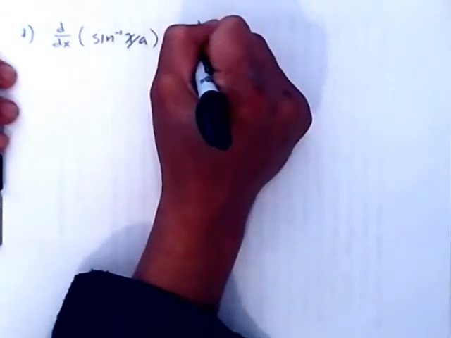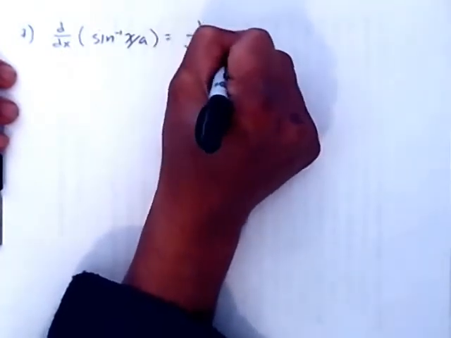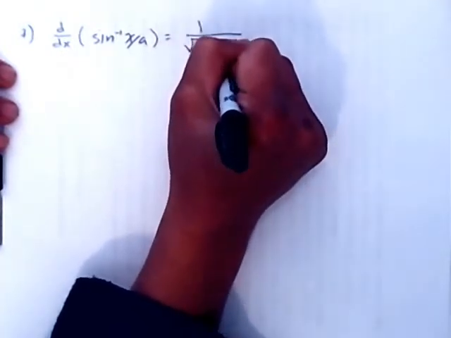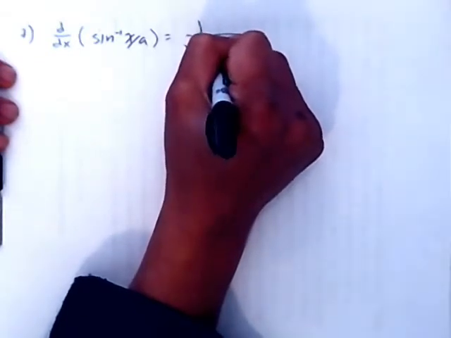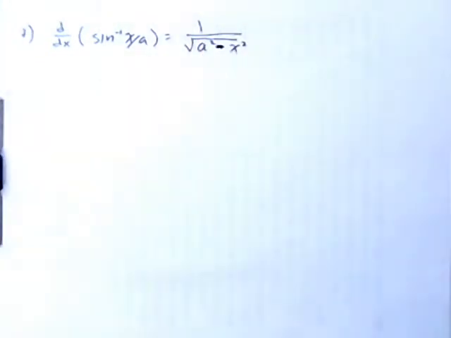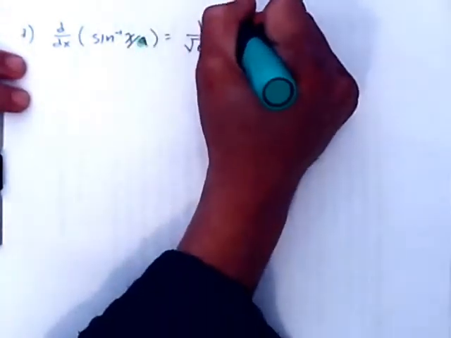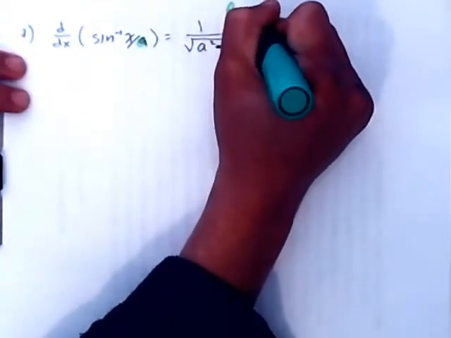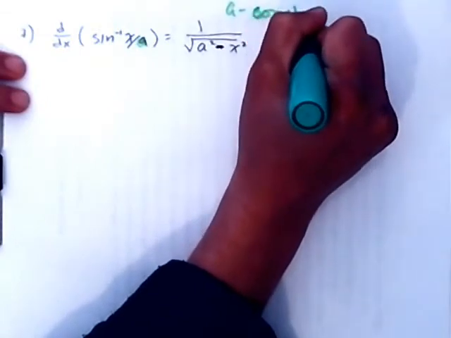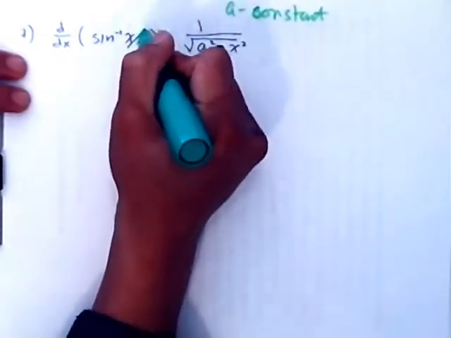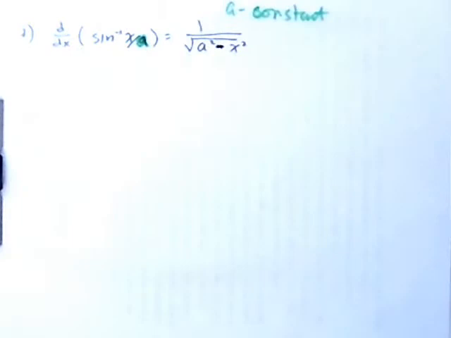Show that that's equal to 1 over the square root of a squared minus x squared. Note that this a is a constant. It's not a variable, it's just a number. A can be 4, a can be 7. We don't know what that is, but we're just going to call it a.